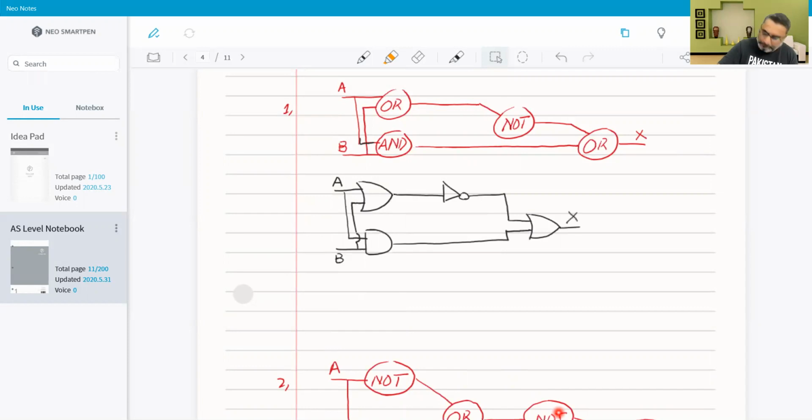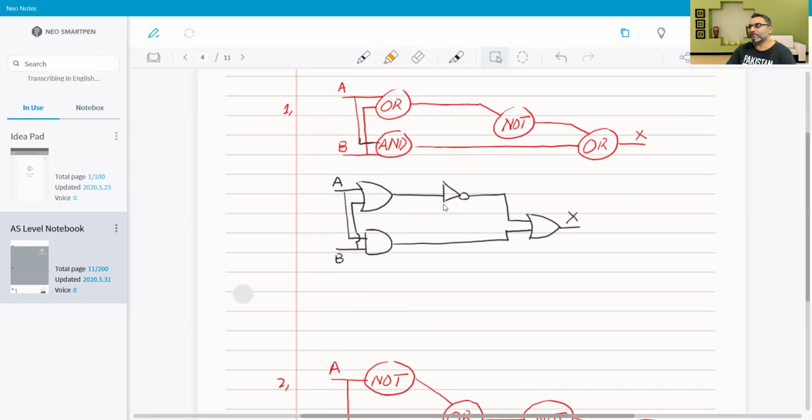And the output is called X. X is just another variable. So X will have its final value, which would be regarded as the outcome of this particular circuit. So as you can see, I have used vertical and horizontal lines, and I have not crossed the lines, rather I have used a bridge.